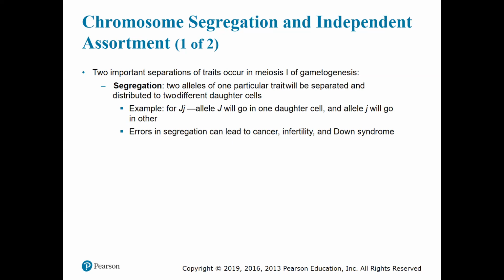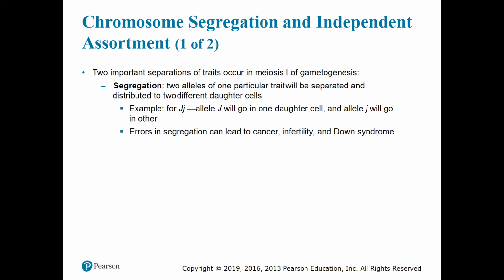There are two important separations of traits that occur during meiosis I of gametogenesis. Segregation: essentially two alleles of one trait will be separated and distributed to two different daughter cells. So if you have a dominant and a recessive trait, and you are the carrier of the recessive trait, the chromosome that carries the dominant trait will go to one daughter cell, and the chromosome that carries the recessive trait will go to another daughter cell.